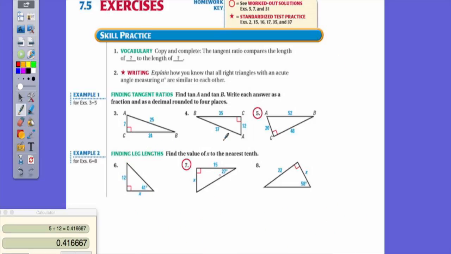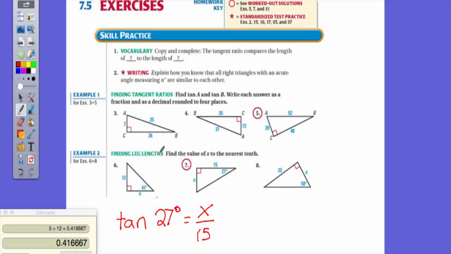So for number 7, I have a 27-degree angle, correct? The side opposite the 27-degree angle is x, and the side adjacent is 15. So that's tangent, correct?